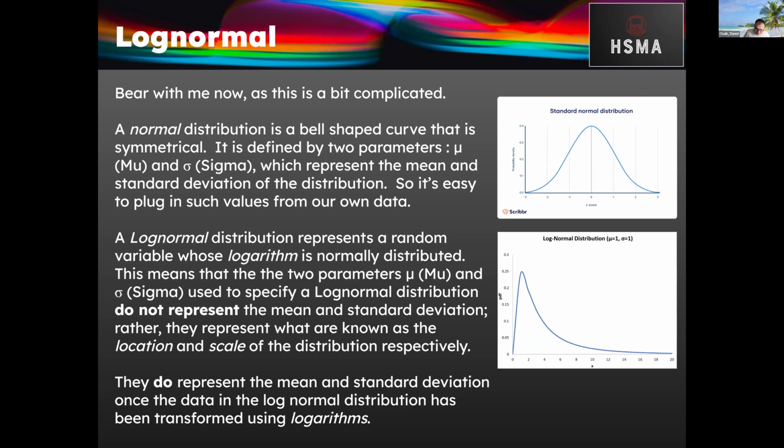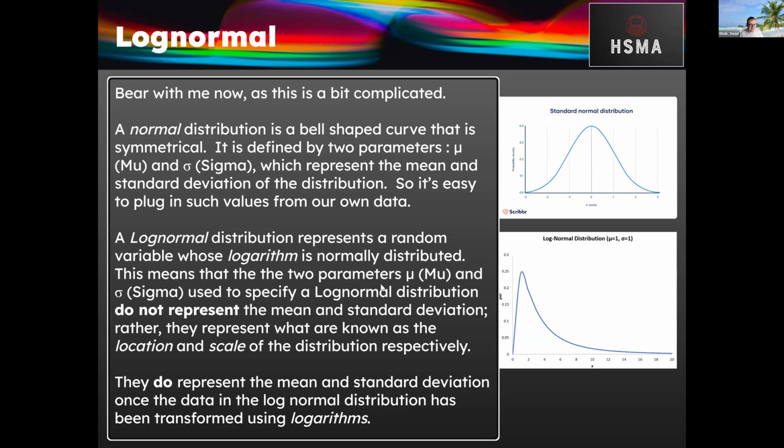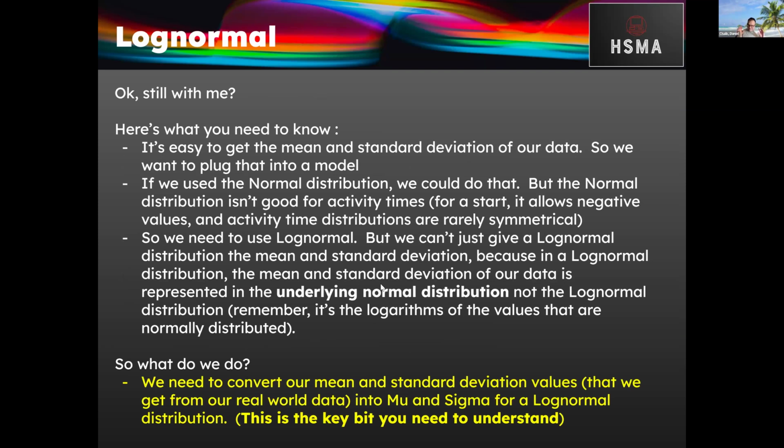What they actually represent are two things known as the location and scale of the distribution. They do represent the mean and standard deviation once the log normal distribution has been transformed using logarithms. So this gets a little bit complicated. Right, so this is basically what you need to know.